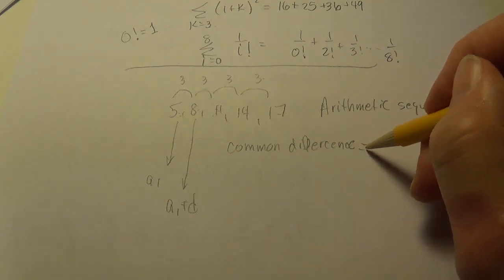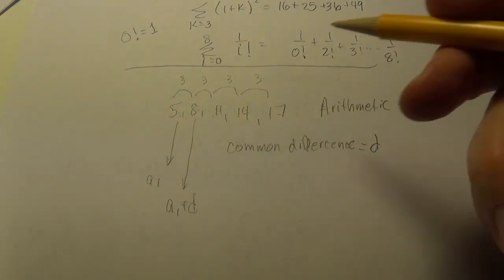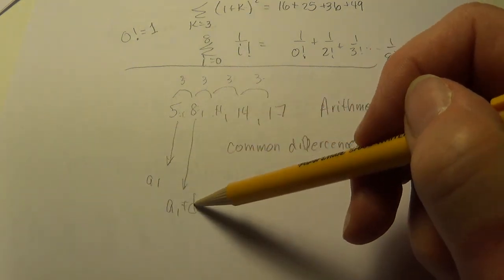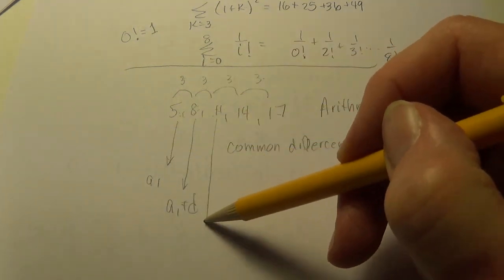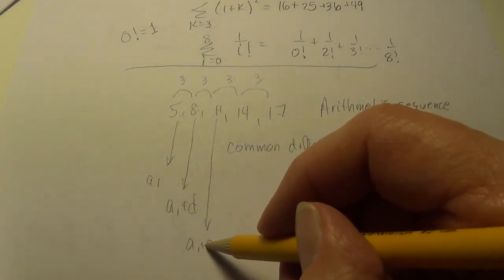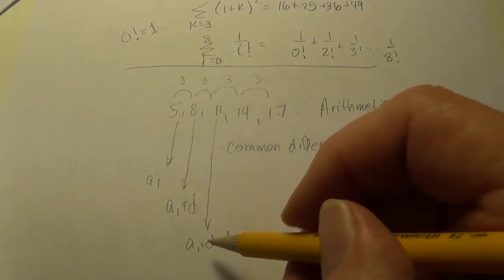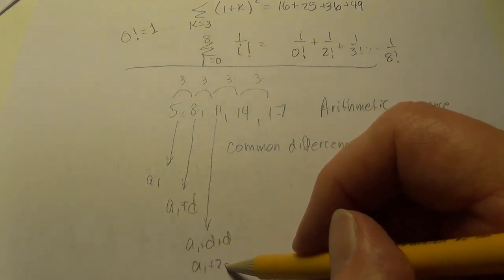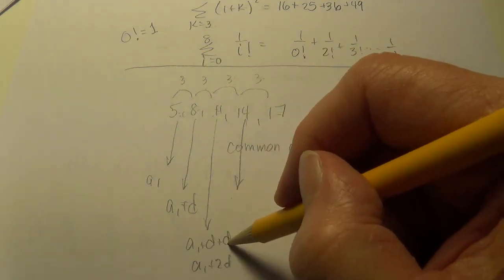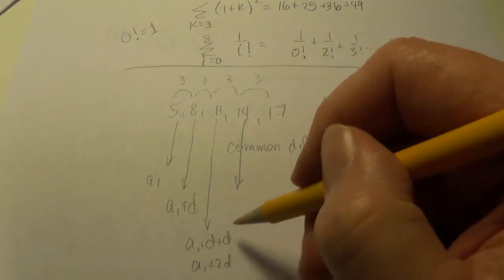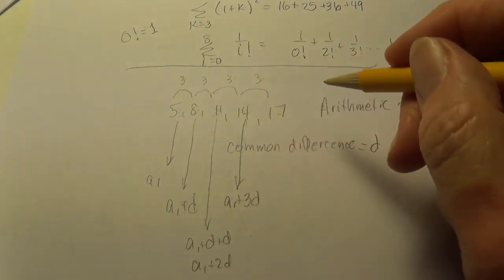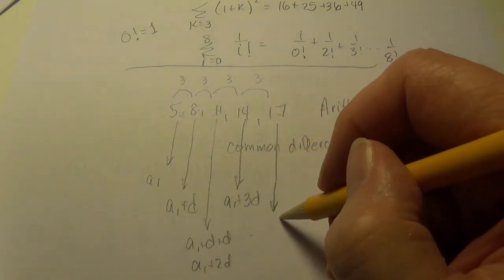I'll call the common difference d because everyone else does. So the second term starts with the first term and you add the common difference. And the next one is this term plus another common difference, which is a sub 1 plus 2 common differences. The next one is this one plus another common difference, so then there'll be 3 of them. And so on. This one will be 4 common differences.